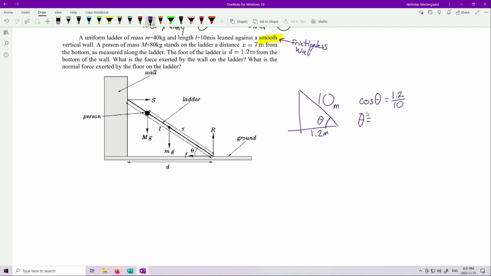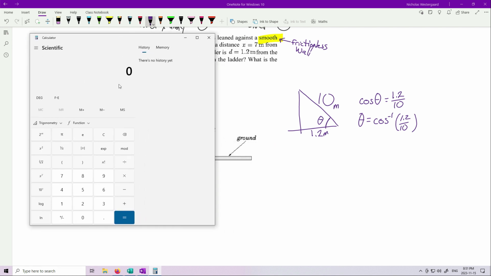Or I can take my arc cos of 1.2 over 10, and let's grab our calculator and figure this out. 1.2 divided by 10, and I'm going to take the arc cosine of that.